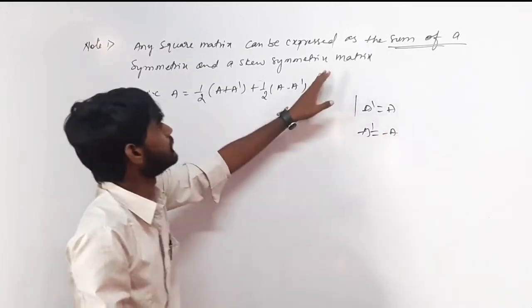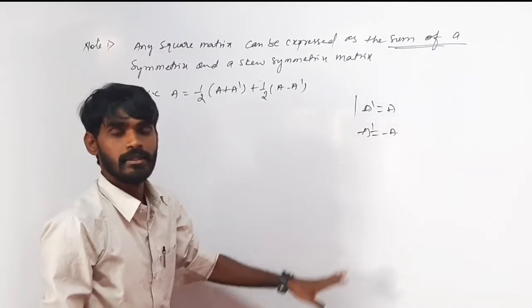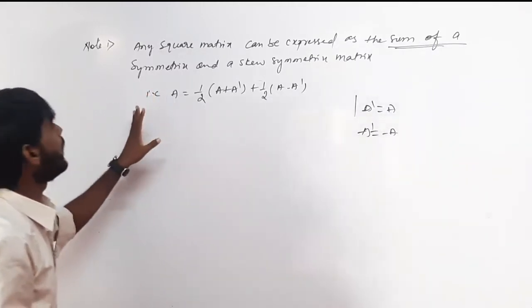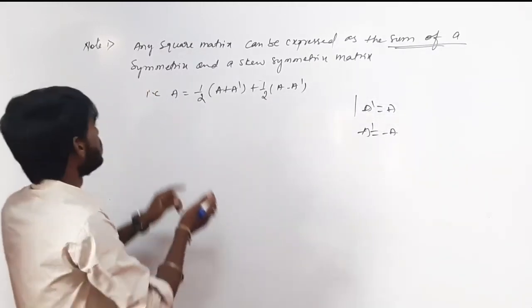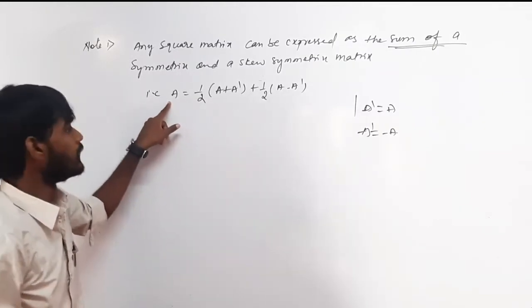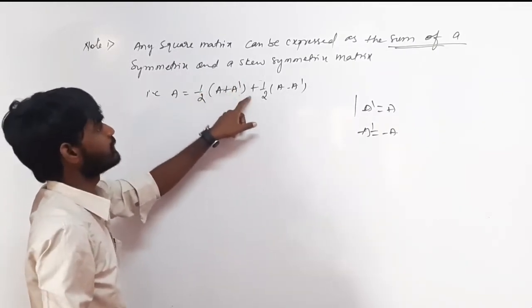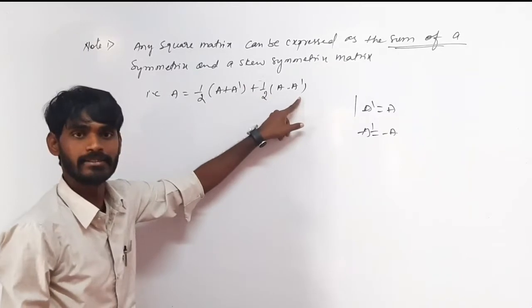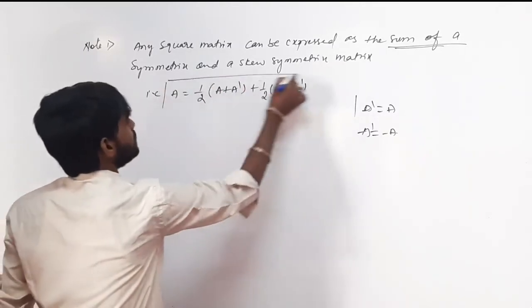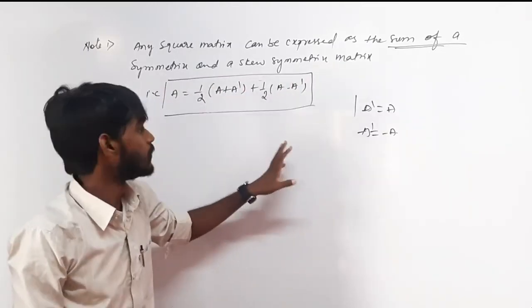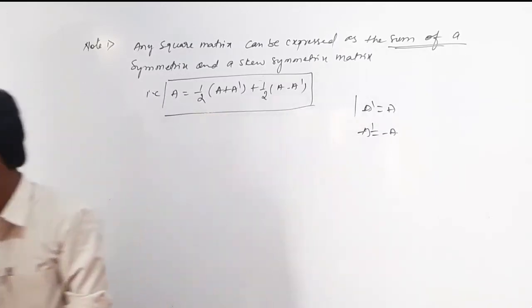Now we are going to discuss the sum of a symmetric and a skew symmetric matrix: A is equal to 1 by 2 A plus A dash plus 1 by 2 A minus A dash. So we have to remember these things. Okay, so please note all these things.